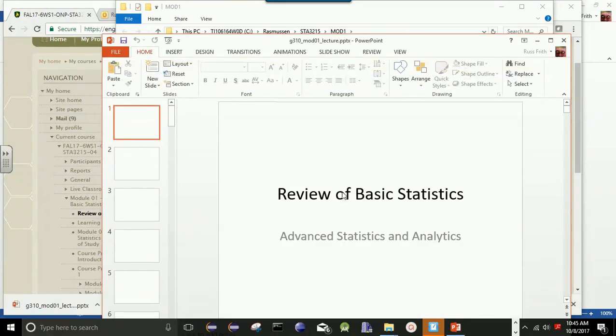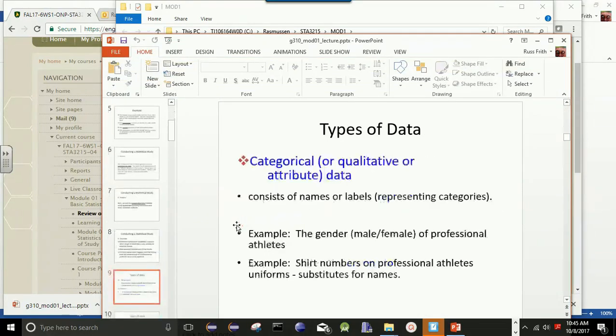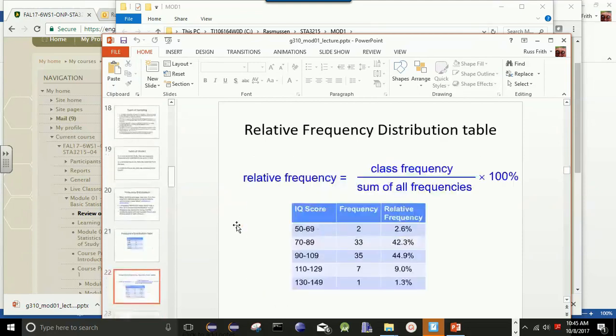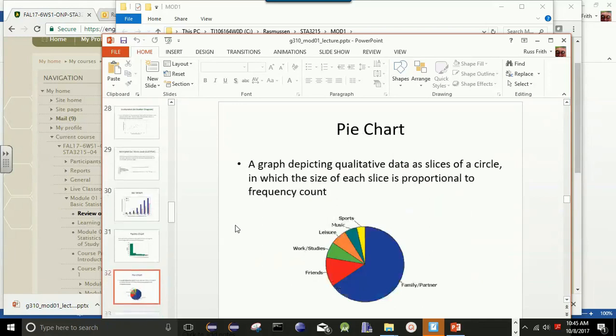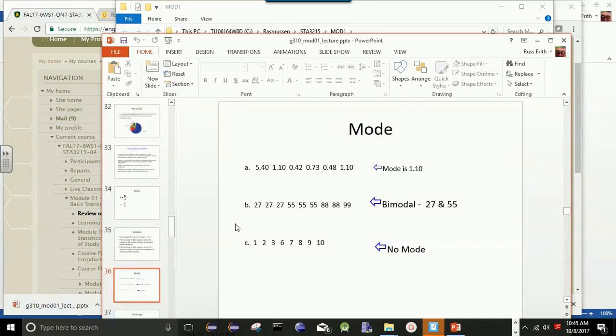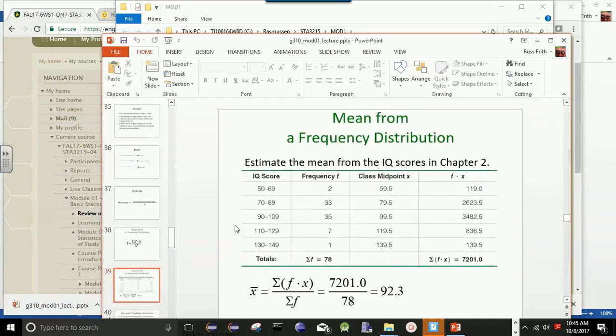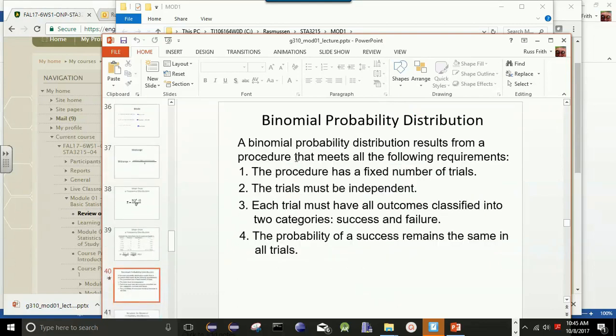And I believe if you scroll down to slide number 40 in this PowerPoint presentation, you'll see a very similarly worked example, an example of a binomial probability distribution.